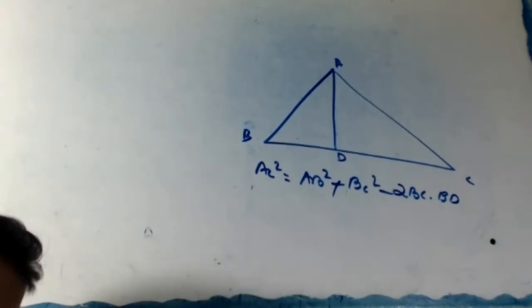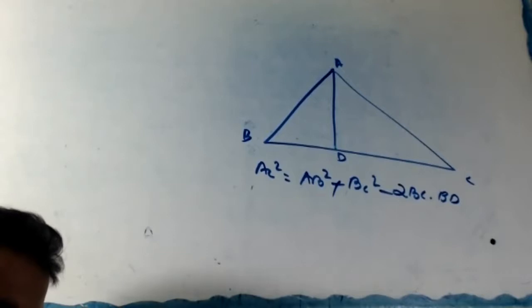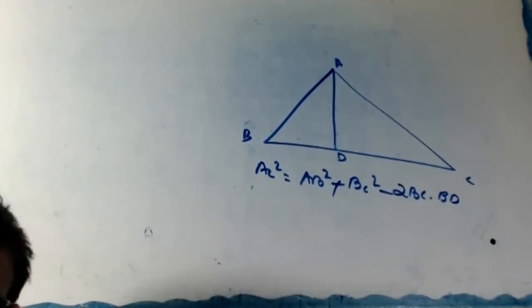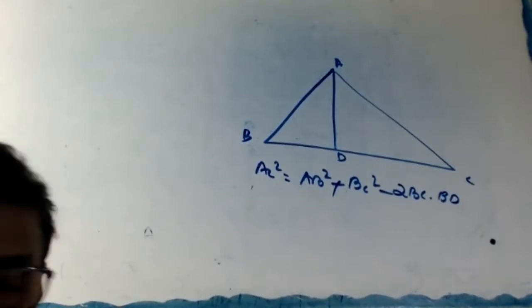No. How did you get AB square plus BC square equal to 2 OB square plus half? You didn't prove that. How did you get that? You had to prove that first. Then okay, look here.